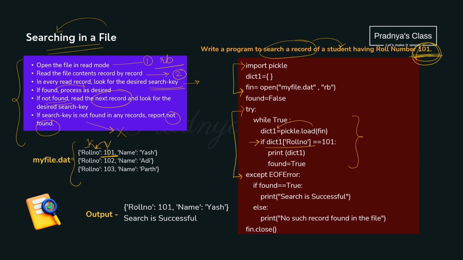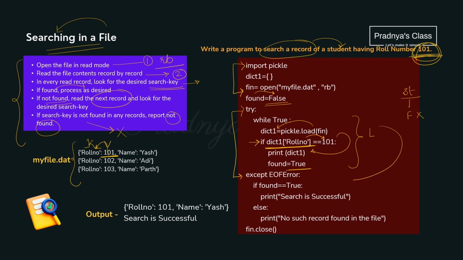If dictionary 1 of roll number is equal to 101, if we found it, we will print it. And to keep track of the status of the record, whether we found it or not, we are initializing one variable found to false. If we get it, we will change it to true. Here we are loading the content indefinitely, so surely we will get exception.